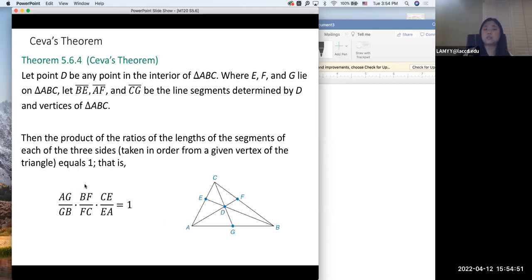The dot here is a multiplier. And the lines have to pass through the point D and the vertices. Write it down on your notes.